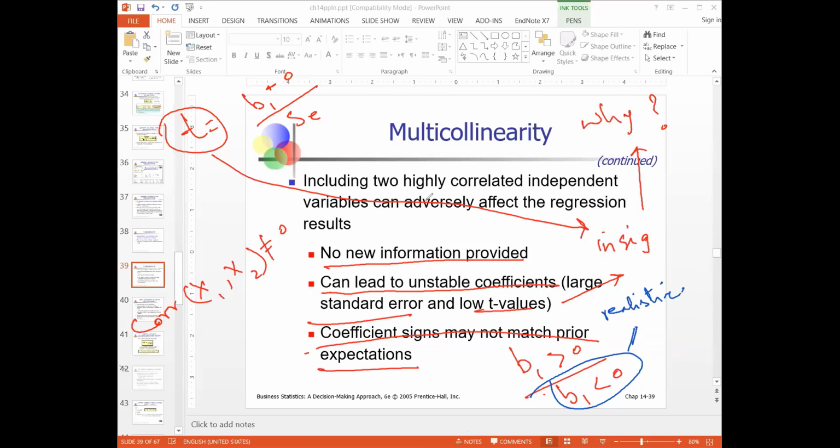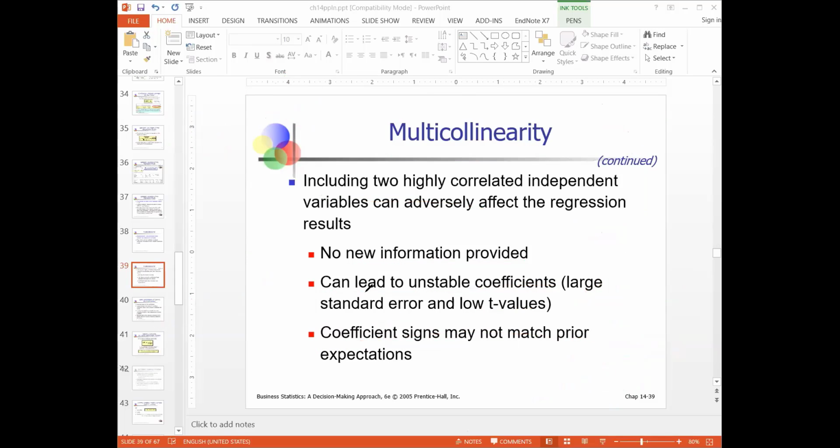This is because of high correlation causing multicollinearity. So in these few slides coming up, we are talking about how to detect this problem. Then in our coming chapters, we will talk about how to solve it.